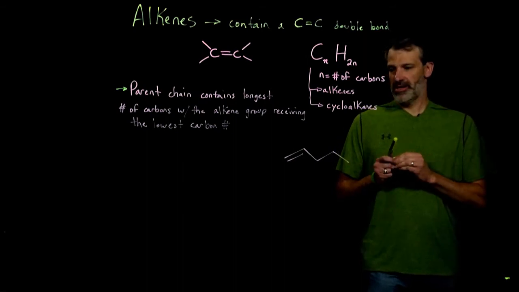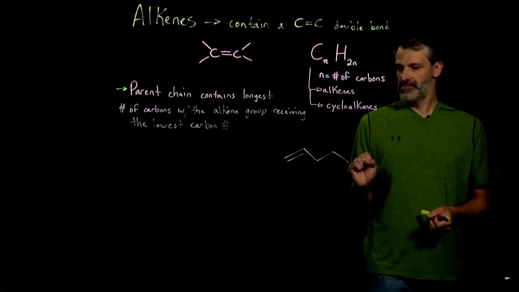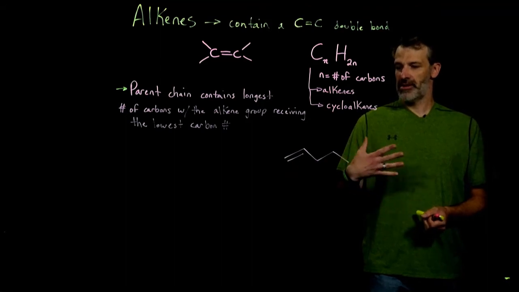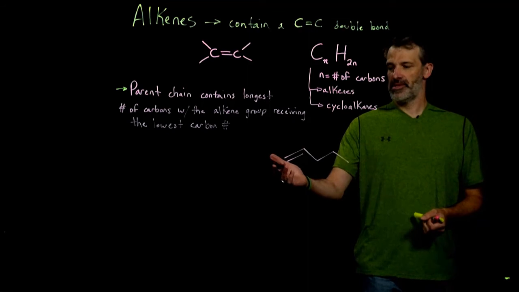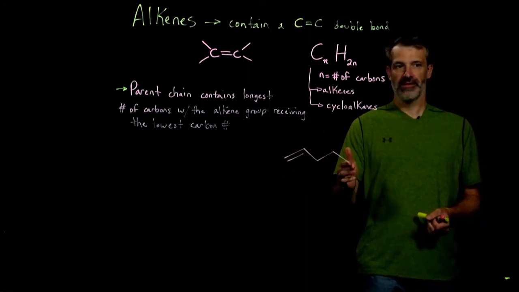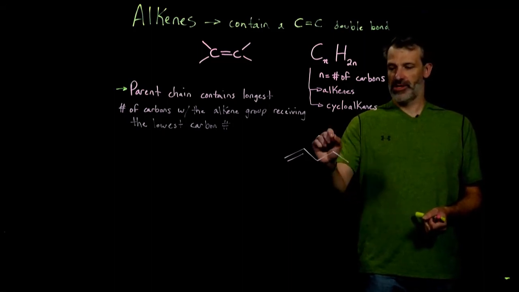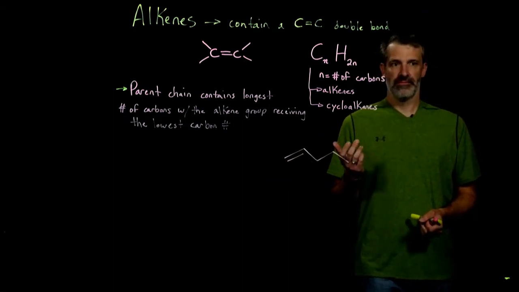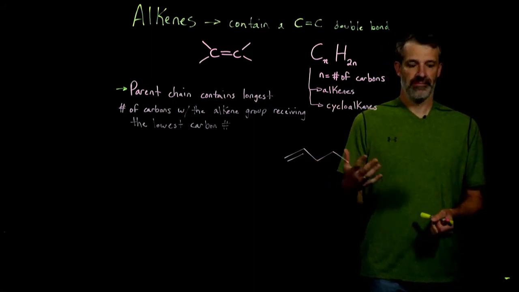Okay, here is a line angle formula for one particular compound. Now there are 2 ways to number this, either from the double bond at the end, counting 1, 2, 3, 4, 5, or from the other side at the single bond, counting 1, 2, 3, 4, 5. Both directions give me 5 carbons, which is my longest continuous chain.